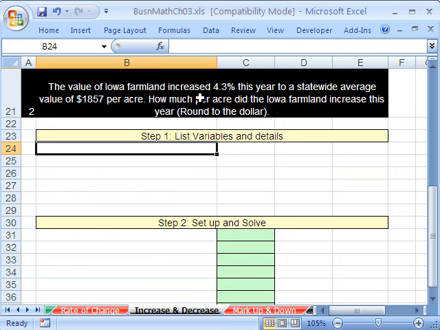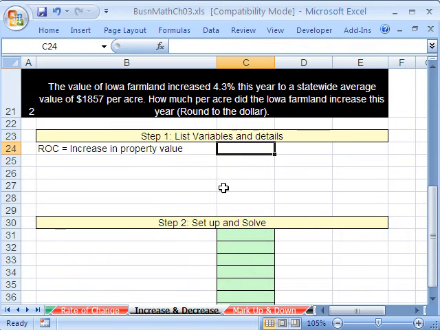The value of farmland increased this year by that percent. Well, that certainly sounds like our rate of change, and that's going to be increase in property value. And that was 4.3%. I'm going to format as I type by typing that percent in. Rate of change.